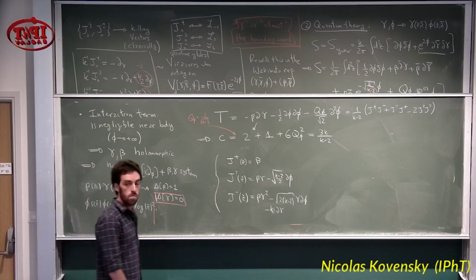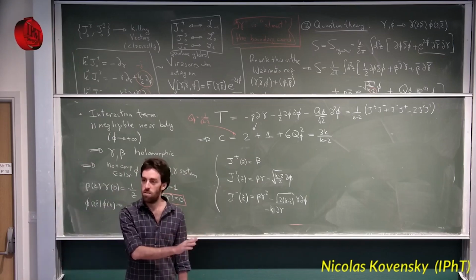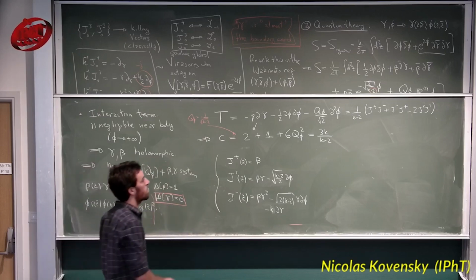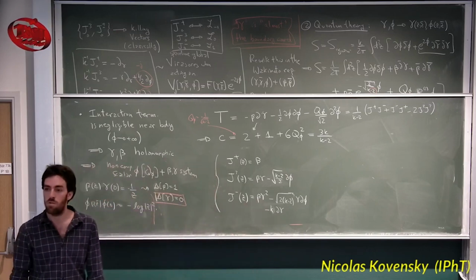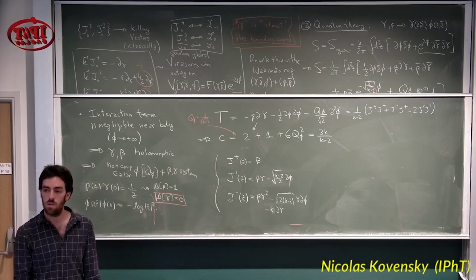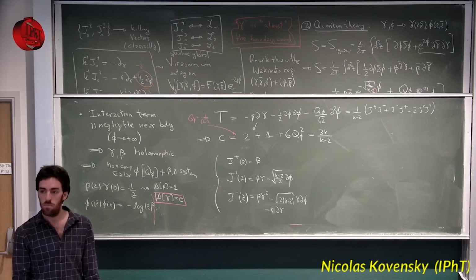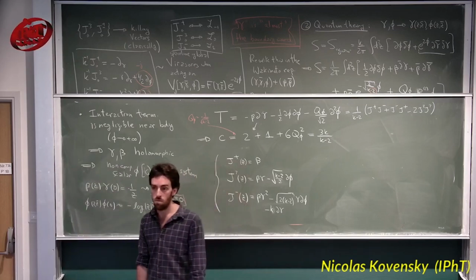Yes. I'm going to get to the exact theory later. But this language is kind of useful. You are saying that to know the central charge, it's okay to just look at the asymptotic theory. Yeah, the central charge is not going to change because of the interaction.